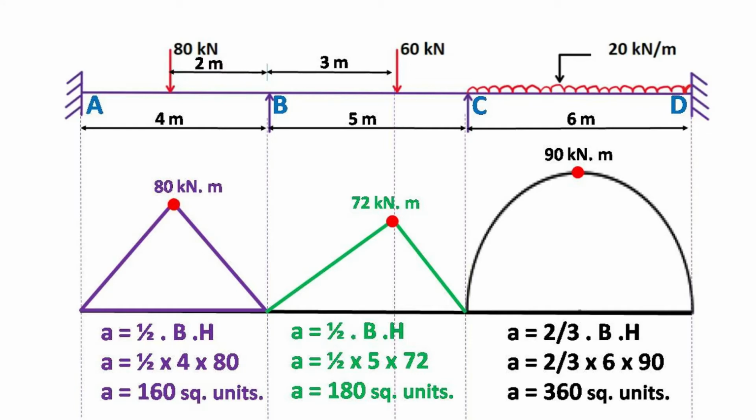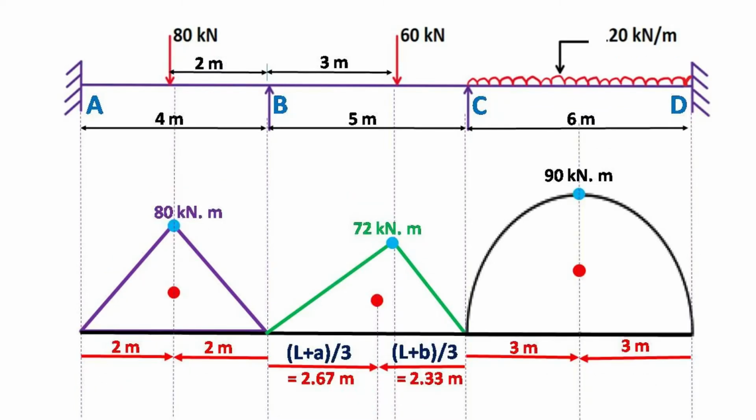The area of the free bending moment diagram for span AB comes out to be 160 square units. For span BC it comes out to be 180 square units. Finally, for span CD it comes out to be 360 square units. This is our step 3.